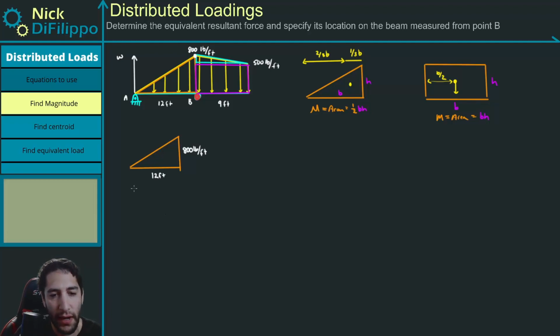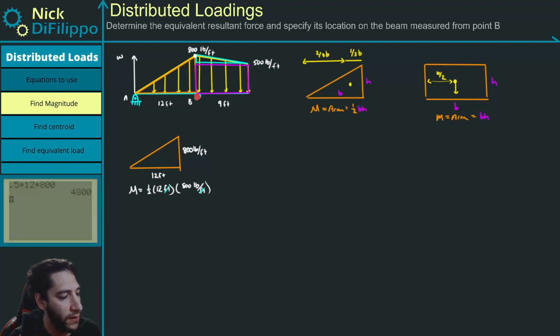So my area, or my magnitude, is going to be 1/2 times 12 feet times 800 pounds per foot. I'm going to put units in to show you what the units are going to be. These units right here are going to cancel out. And then I'm going to get 12 times 800 divided by 2. And that gives me a magnitude of 4,800 pounds. So that's the magnitude of this triangle.